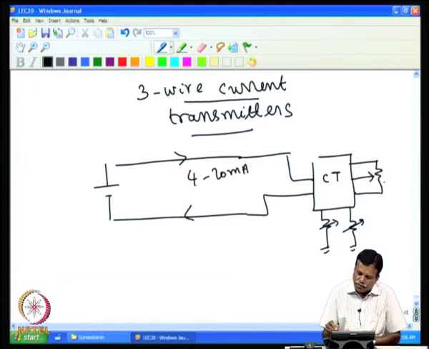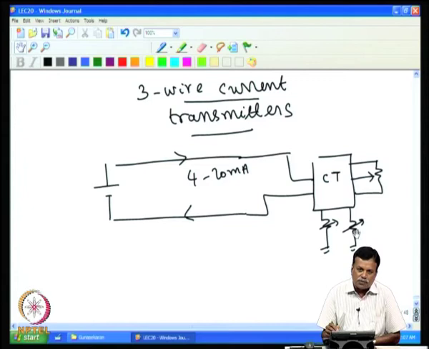The current will be 4 milliampere when the potentiometer is at one end, and when the potentiometer is at the other extreme, the current will be 20 milliampere, and that adjustment is done using this zero and span adjust parts. So, keep it at one end and adjust the zero for 4 milliampere, keep it at the other end, adjust the span for 20 milliampere.